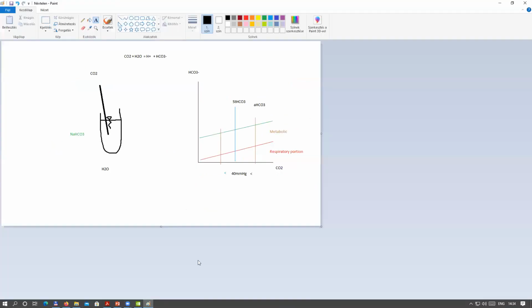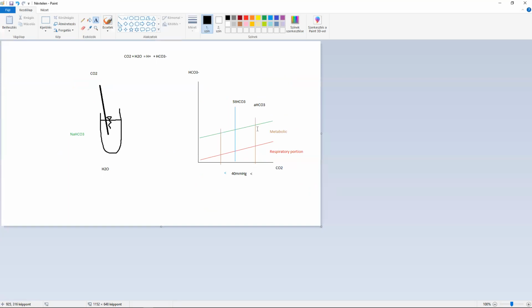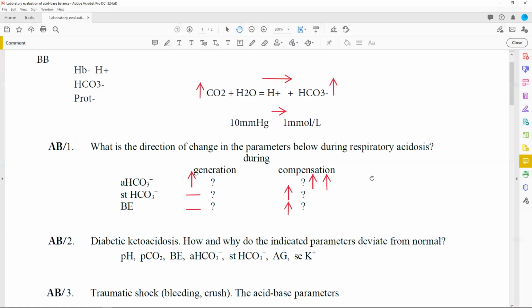This is what you do see here, because now we are here at the beginning. This is why the standard is not changed. But we are gaining a little bit more metabolic component of the bicarbonate, so the actual bicarbonate increases further. More or less.